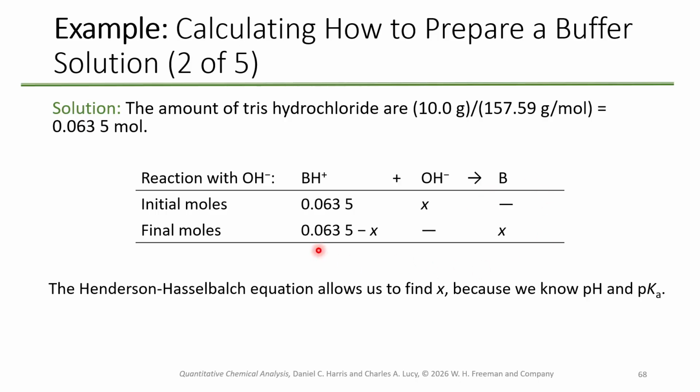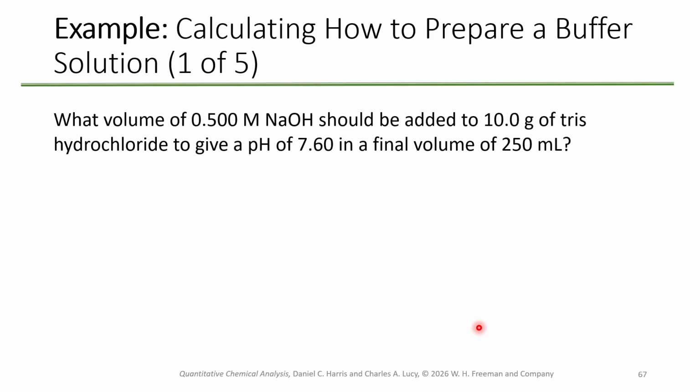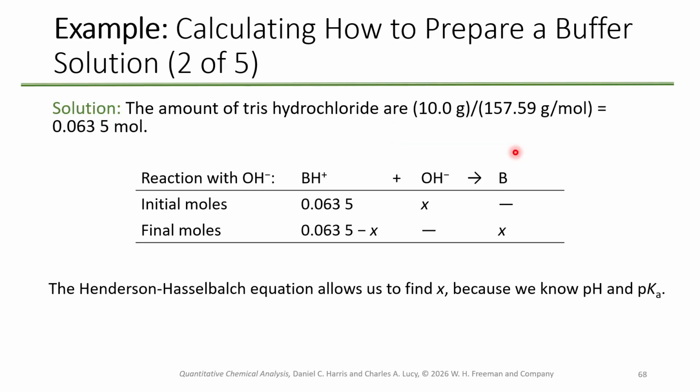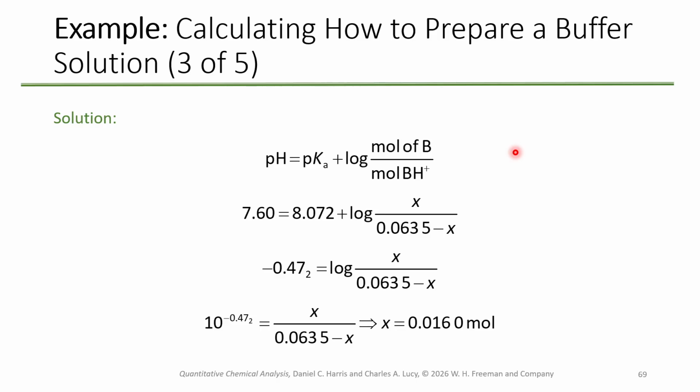Okay. So in this case, right here, we know the pH, right? We know the pKa. We know the moles, don't we? Okay. So we know most of these terms, right? So we can go ahead and use the Henderson-Hasselbalch here. Our pH gets plugged in here. Our pKa gets plugged in right there.